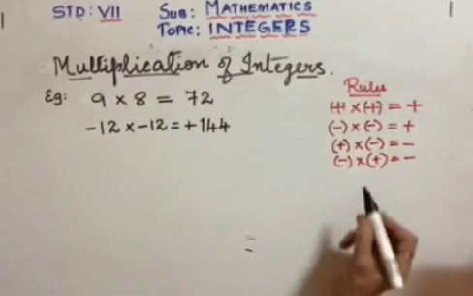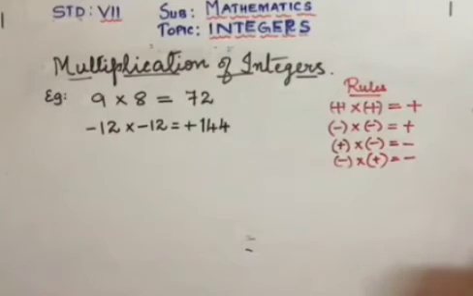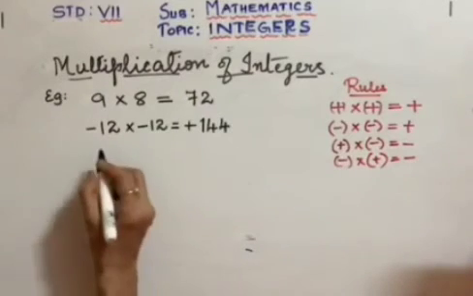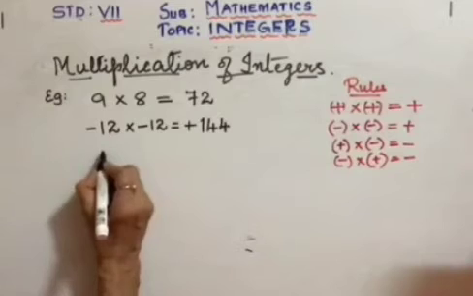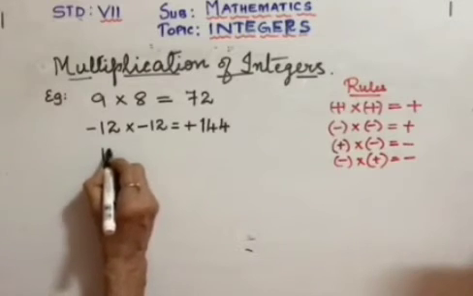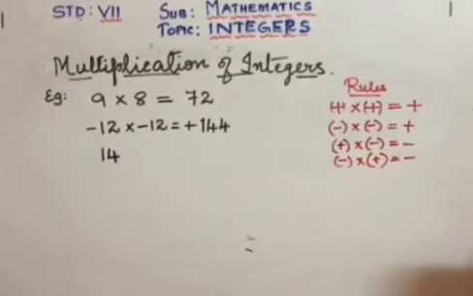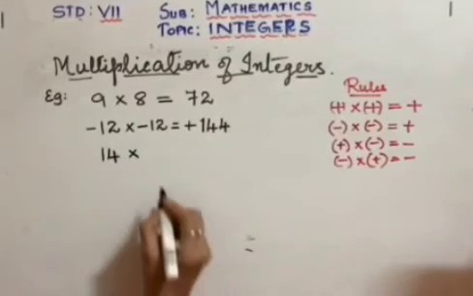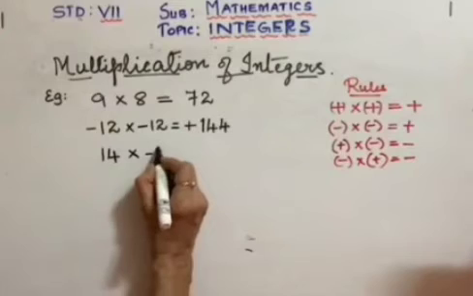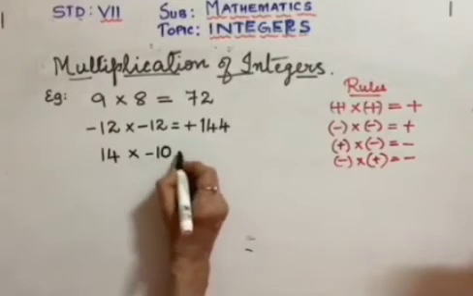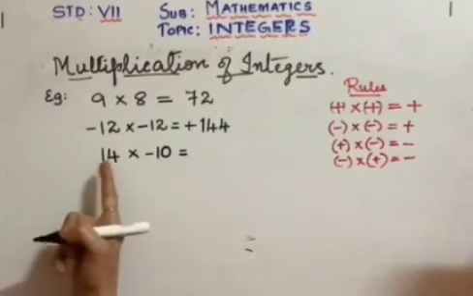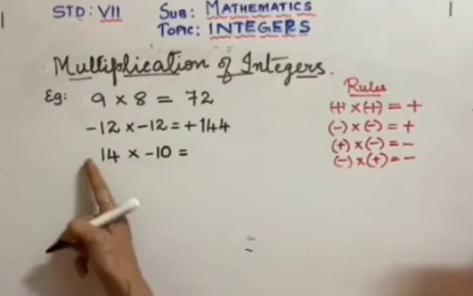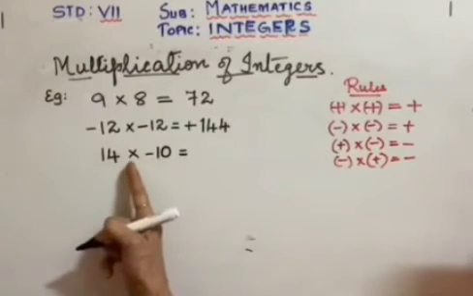Now I'll take one positive and the other one negative integer. Let's see. So 14 into minus 10. One is positive, the other one is negative. So plus into minus, with the multiplication sign, children.